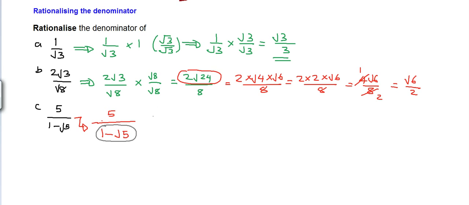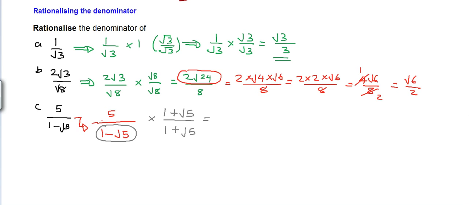Rather, we're going to multiply by the exact opposite of this. So we'll multiply by 1 plus root 5 over 1 plus root 5. So it's a little bit different, but that's what we need to do. So if you have any expression in an exam where they've asked you to rationalize a denominator that looks something like this, if this was a plus here, you would change that to minus when you're trying to rationalize the denominator.